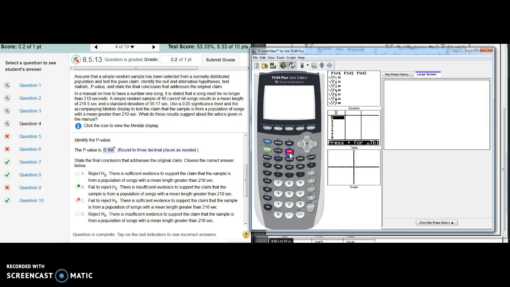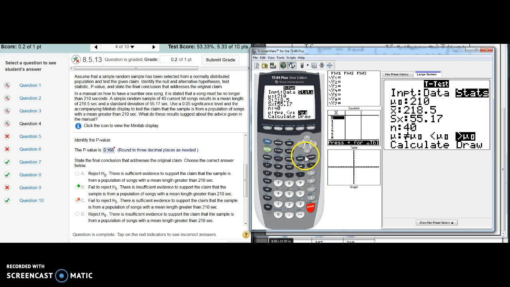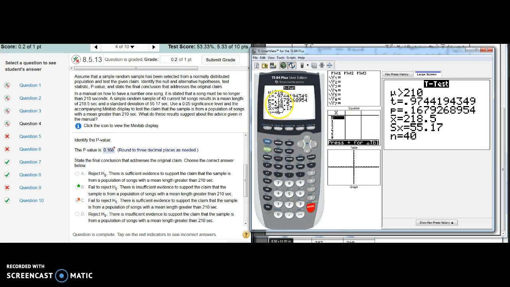So now our last thing that we need to do is, sorry, it switched screens on me. Underneath our t-test, we get all that data in there, and we want our mean to be less than, so we want to make sure we select this one that is less than, and then we're going to go to calculate, and you can see that our p-value is 0.168.